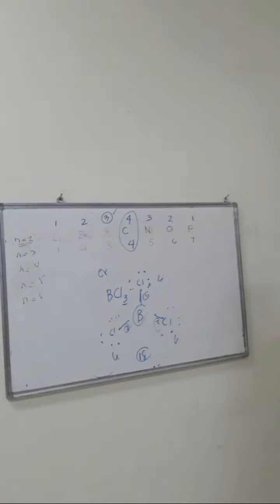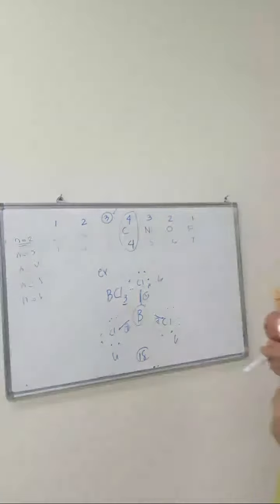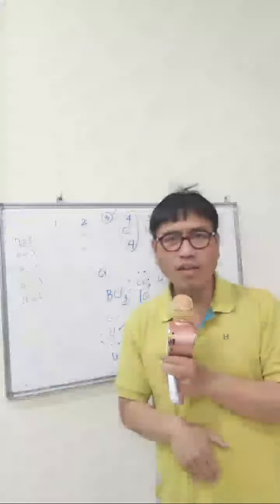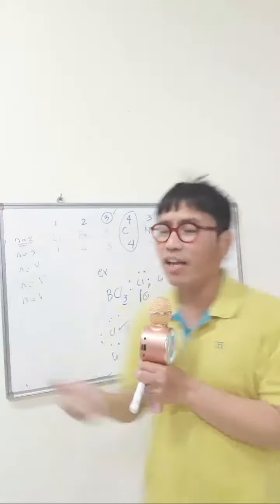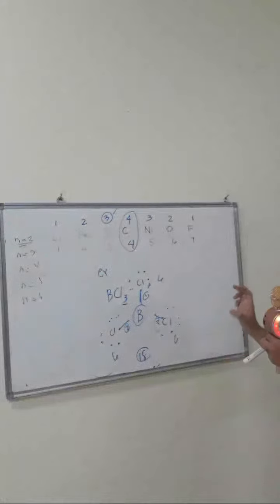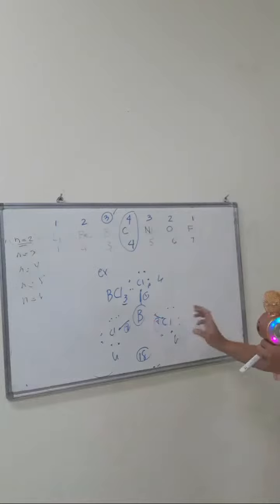Okay? Like that. So you will say, boron will undergo non-polar covalent bond with respect to chlorine because it has been completely shared all the electrons of boron. And now, for the chlorine part, you will say, chlorine undergo a polar covalent bond with respect to boron because there's still unshared electrons sa chlorine.